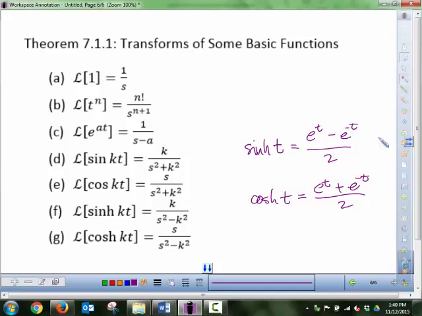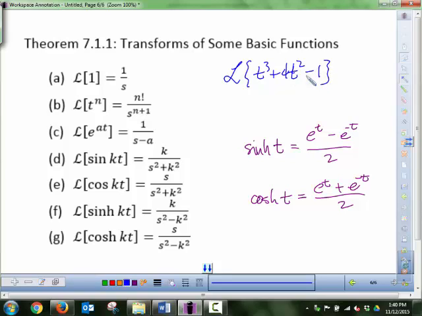And there's one important property in this transformation that allows us to string a bunch of other things together. Like at this point, if we know all this, we technically don't know how to transform t to the third plus 5 or 4t squared minus 1.